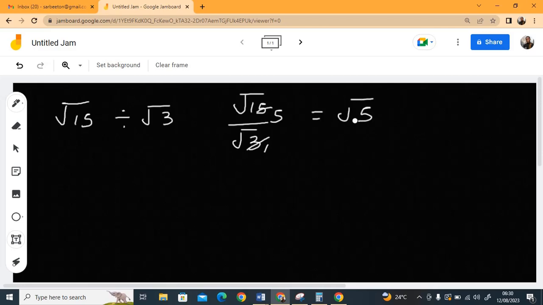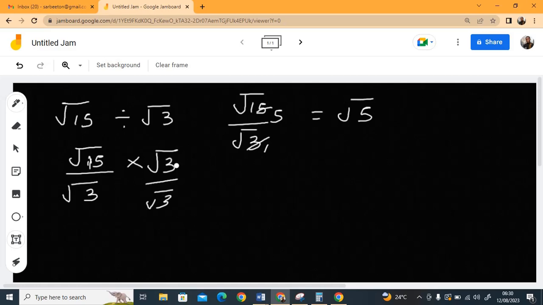There's another way of doing this. When you have root 15 over root 3, you can rationalize. We are still going to move to rationalize. I'm just showing you the better way of doing this. Anytime you are given something like this, you multiply each of them by what is at the bottom. So it's going to be times root 3 over root 3.